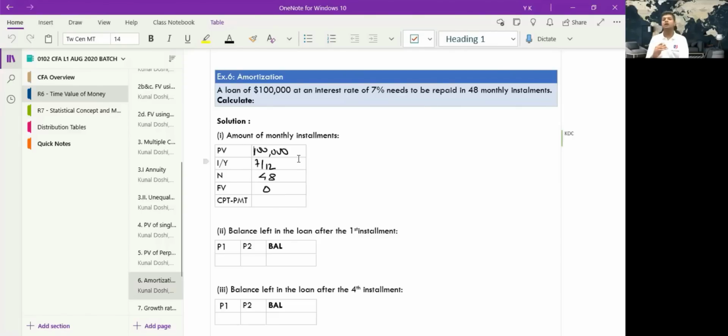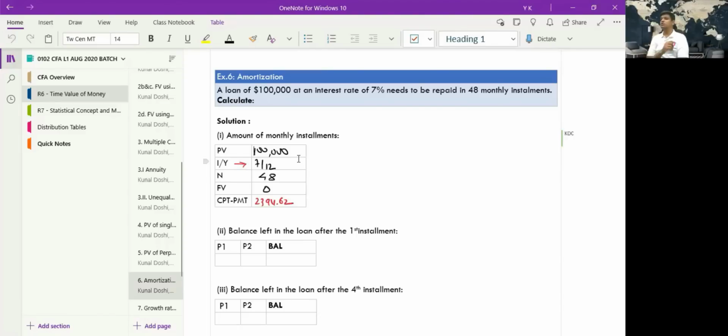Did you get the error? Interest should be 7 divided by 12 because it is a monthly installment. Correct? So let me know what is your PMT, your installment. $2,394.62. 2394.62, correct.